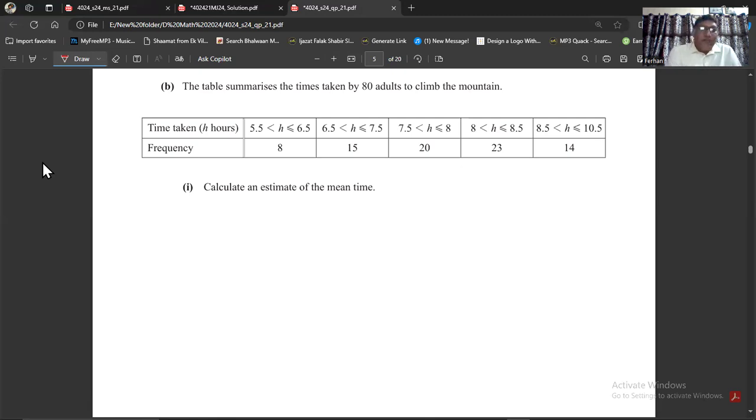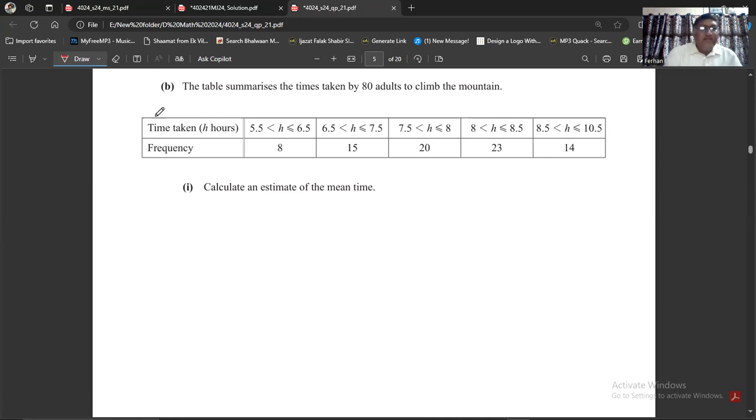So 5.5 to 6.5 hours, there are 8 climbers. 6.5 to 7.5 hours, 15 adults, and 7.5 to 8 hours, 20 adults took this time. 8 hours to 8.5 hours, 23 people took this time, and 8.5 to 10.5 hours, 14 people took this time. So their question is calculate an estimate of the mean time.